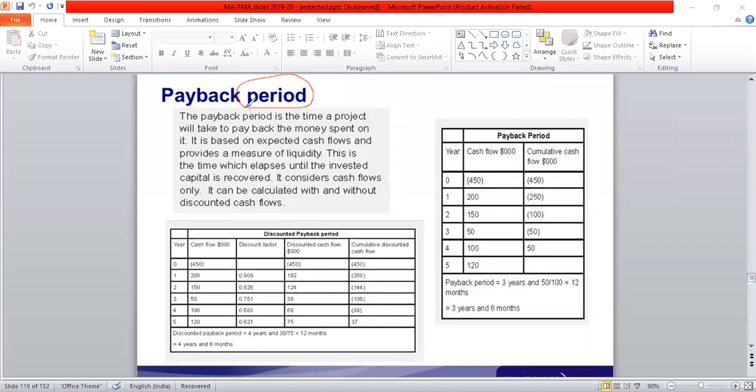Let's say an investment costs $1,000, and the returns earned from this project are 500, 500, 500. So the investment cost is 1,000, the return in the first year is 500, next year also 500, third year also 500. So this is a simple example.